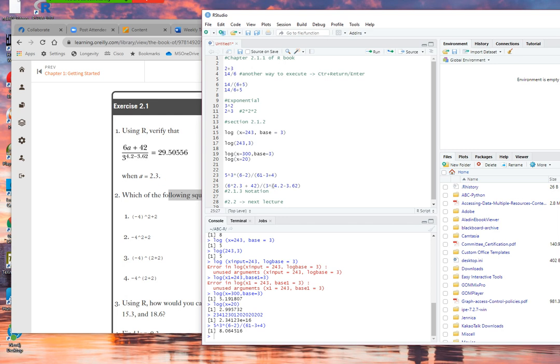Then another one. So let's just verify that I will get 29, something like that. By the way, I'm going to stop recording my lecture.